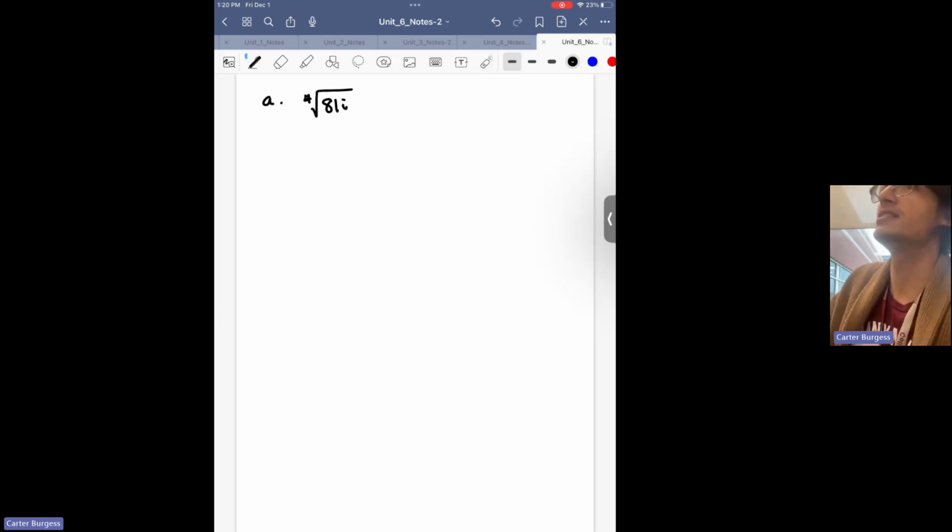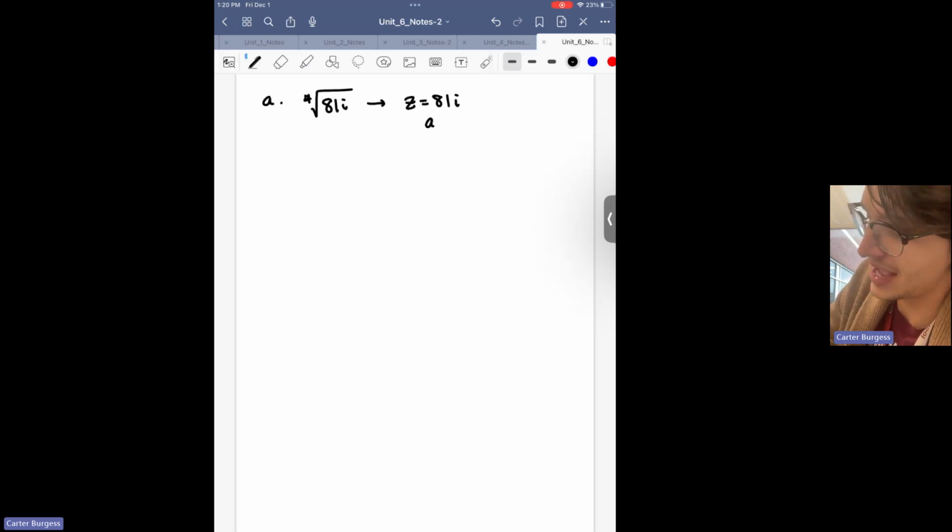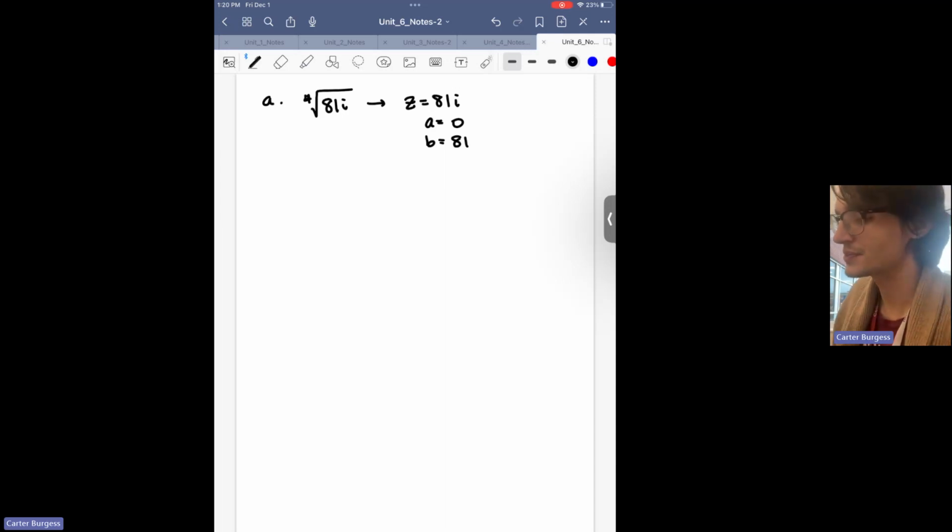To that end, we need to figure out r, which requires us to know what a and b are. So if z is equal to 81i, what is our value of a and what is our value of b? 0 and 81.